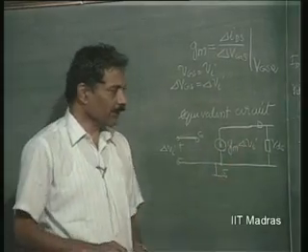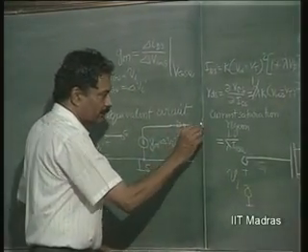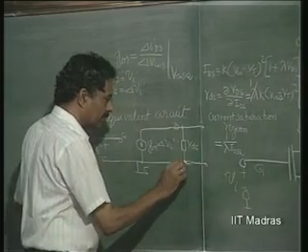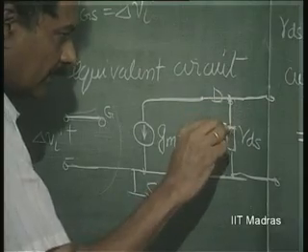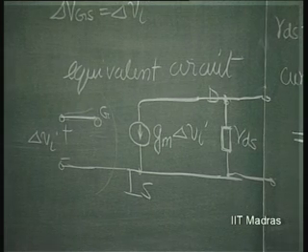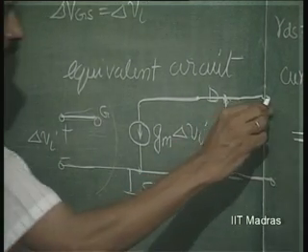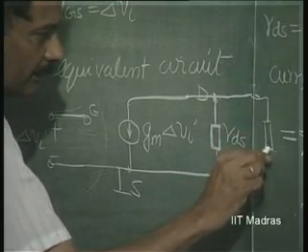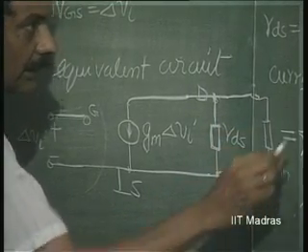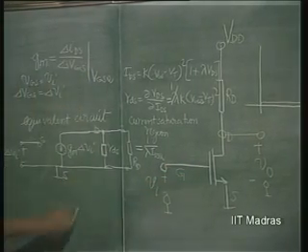This particular thing is to be normally taken into account in the equivalent circuit, and the composite equivalent circuit now using all these non-idealities is simply this. Using this information we can now connect RD, because this RD is connected to ground AC wise. So, RD comes into picture.